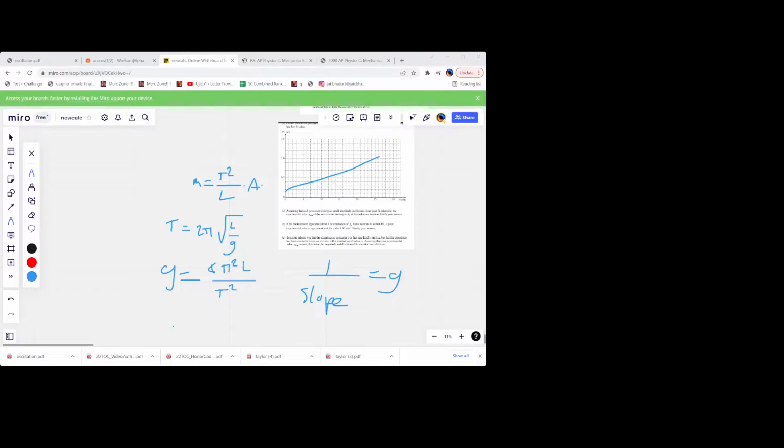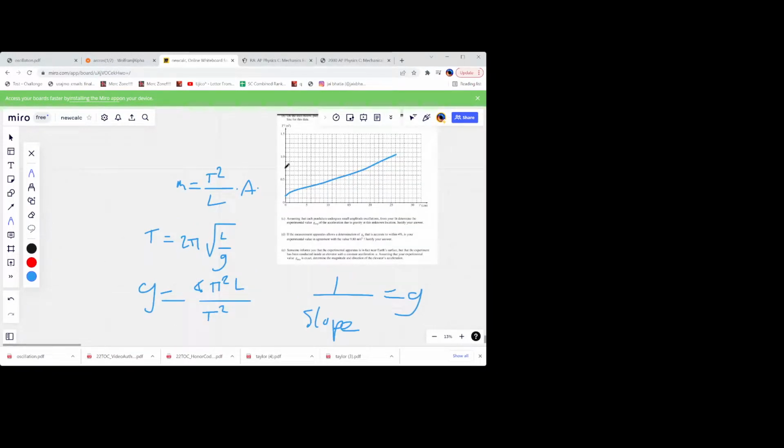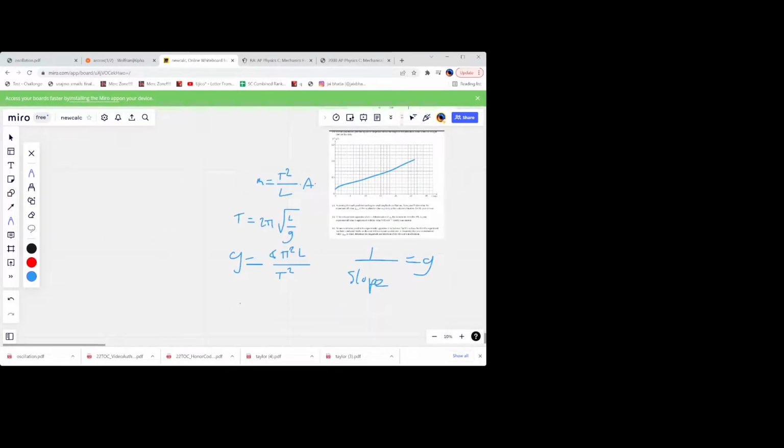At least presumably so. Well, no. Sorry, not just 1 over the slope. 1 over the slope times 4 pi squared is our g.